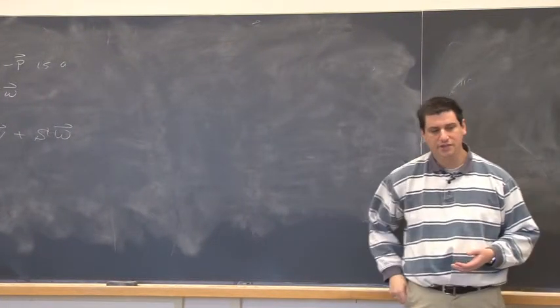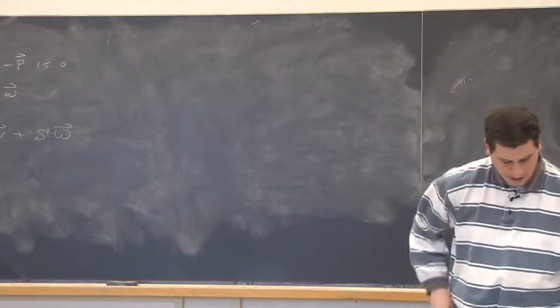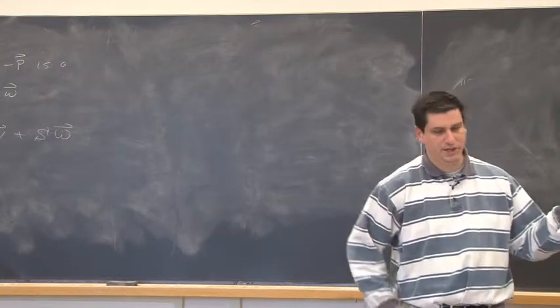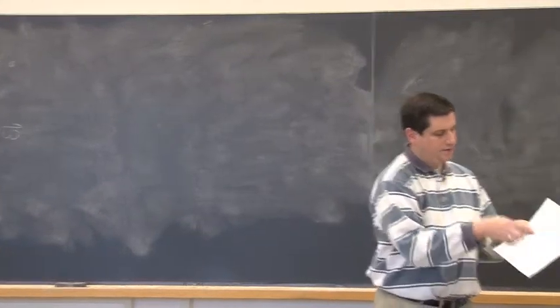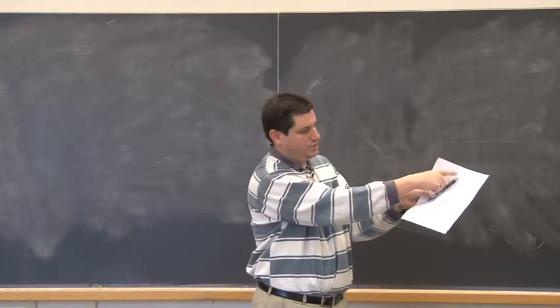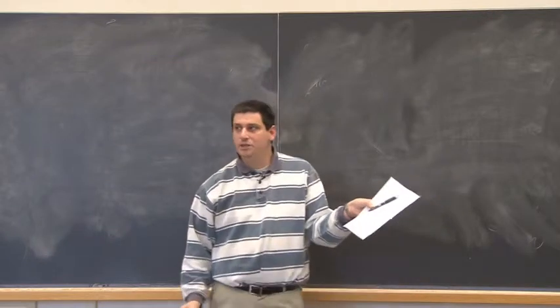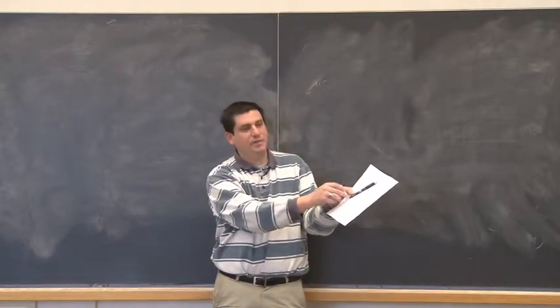It turns out there are other ways to write down equations of planes. So let's go back to the case where we have a plane here. And now I have some vector in the plane. So here P is to here, Q is to here, Q minus P is this vector here that's in the plane. Each plane has a unique direction coming out of it.